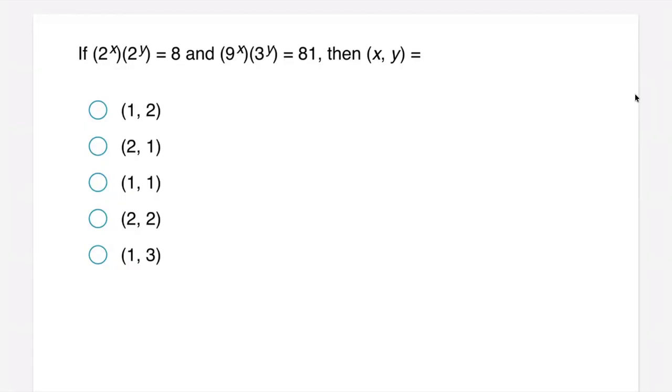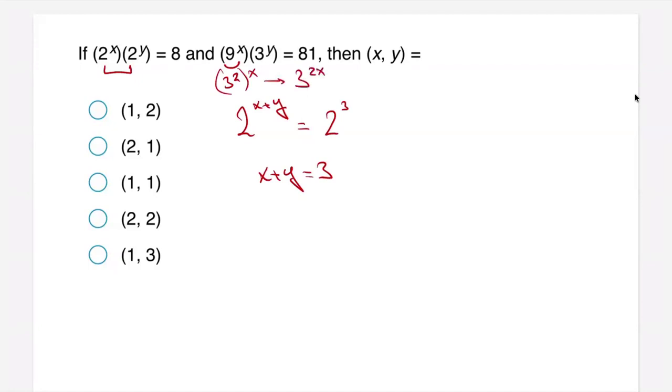Look. Here you have multiplication of the same base, so I can add the exponents. 8 is 2 cubed, so I can equalize the powers. Here is 3 squared, so it will be 3 to the 2x. So it will be 3 to the 2x times 3 to the y, equal to 81, that is 3 to the power 4.